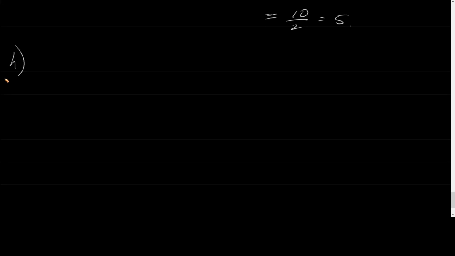H. Let's say that I had f of x being equal to 3x cubed minus 4x, let's just leave it as minus 4x. And we're going to do this from 0 to t, some value t.